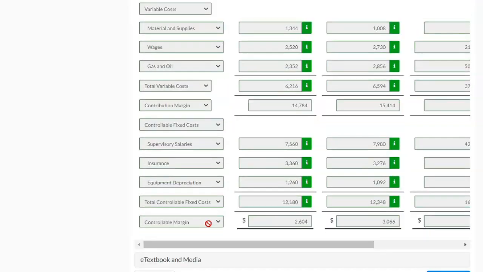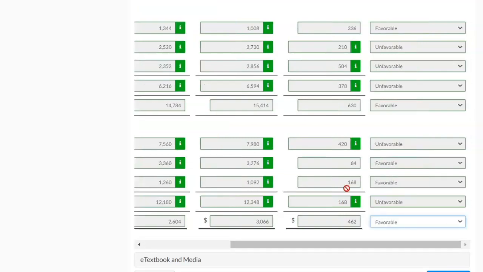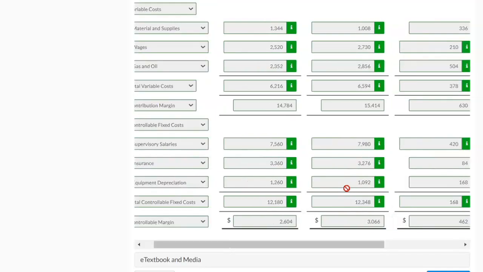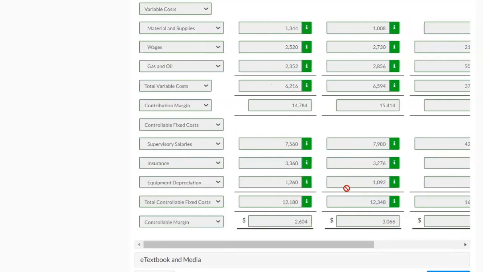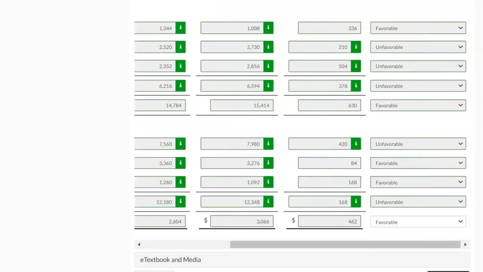But controllable margin takes in the favorable sales revenue. That's the trouble. Controllable margin is associated with sales revenue, so it's a combination of input and output, and precedence is for the input. Okay, move on.